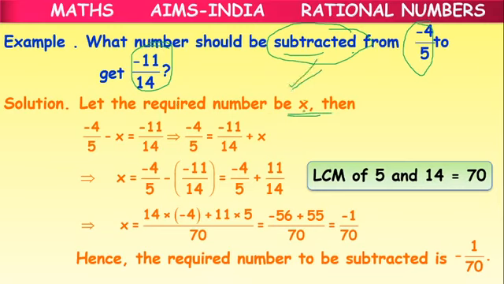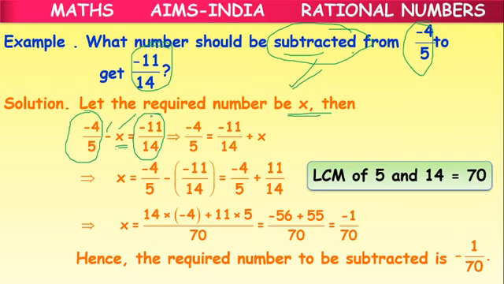From minus 4 by 5, they are asking what number to be subtracted. Let us assume x to be subtracted, so that the result will be minus 11 by 14.